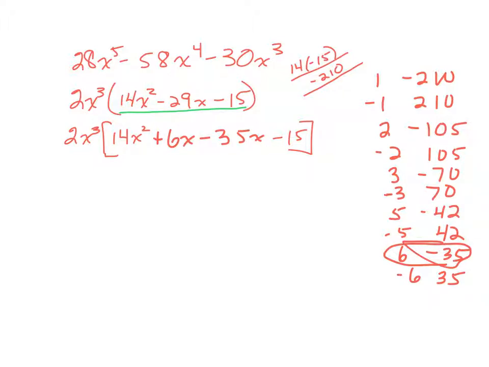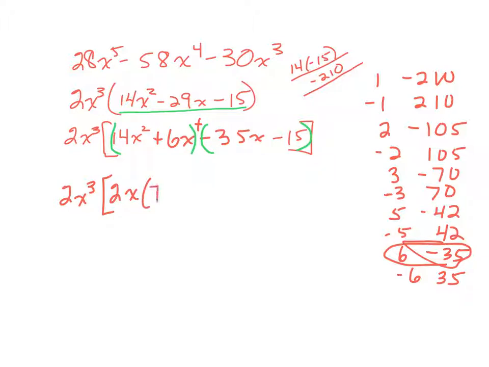Okay, so we'll group the first two, we'll group the last two, we'll put a plus sign in between them. Somebody on my right side of the class, tell me what I want to take out of 14x squared and 6x. 2x.